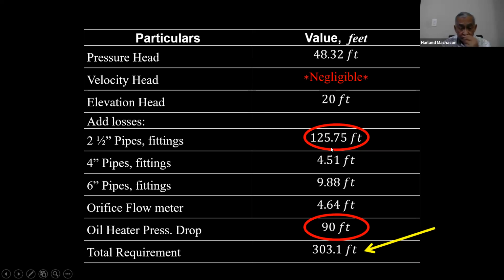So we have the 2.5-inch pipes and fittings having a head loss of 125.75 and the oil heater pressure drop of 90 feet. So we focus our planned improvements on these.